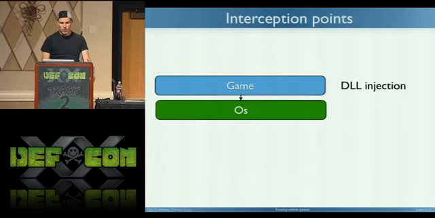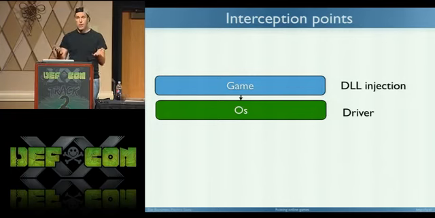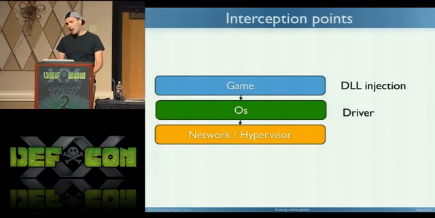The other one is you work at the OS level, where you have to write a driver, or you use a VM and put your game into the VM, depending on how graphics-intensive your game is, you might or might not be able to do that, and then you write a driver which intercepts the packets before they leave the box and before they hit the router. Or the last way is to do this interception at the network or the hypervisor level, after the packets leave the box.